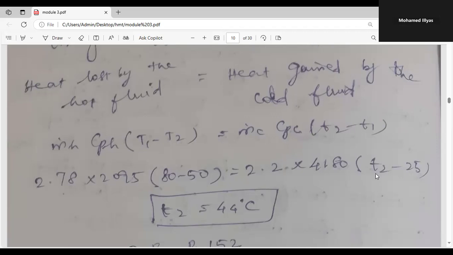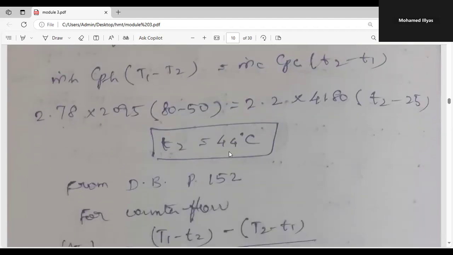We need all four temperatures to calculate the logarithmic mean temperature difference, LMTD, for this counterflow type. Substituting all the values here, the unknown small t2 can be calculated, which is 44 degrees Celsius.